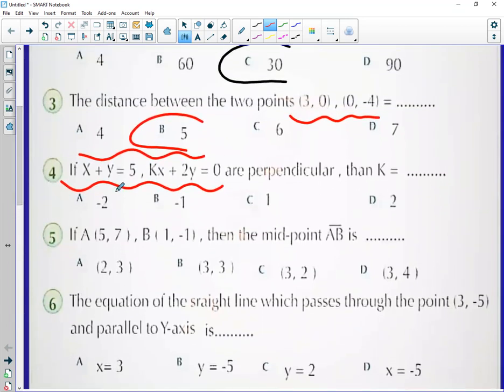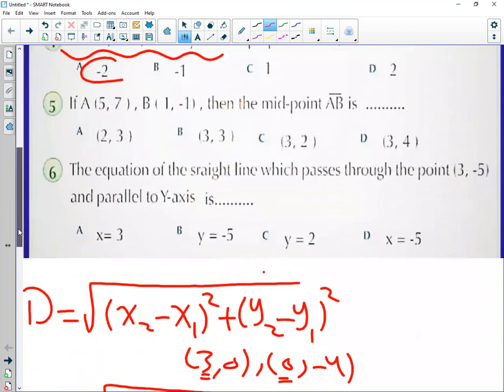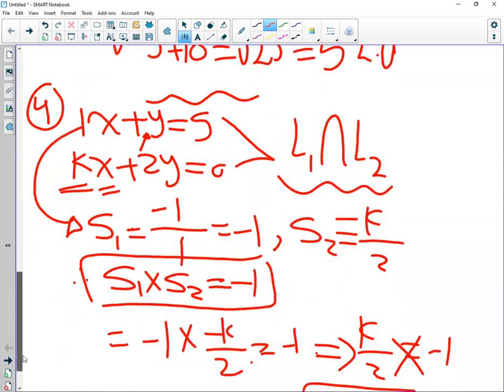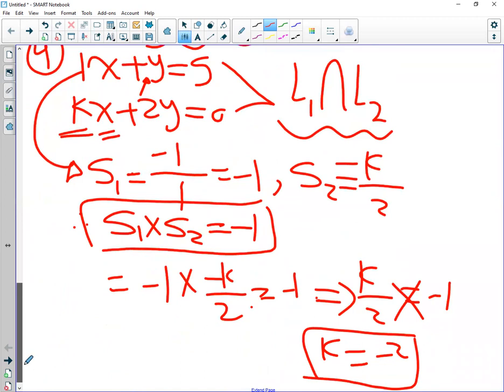Number 5. If A (5, 7) and B (1, -1), then the midpoint of AB. We know the rule of the midpoint of AB equal what? Do you know the rule of the midpoint?